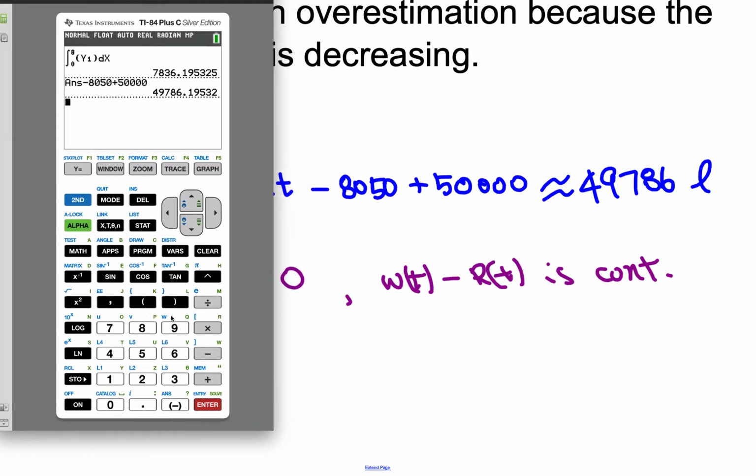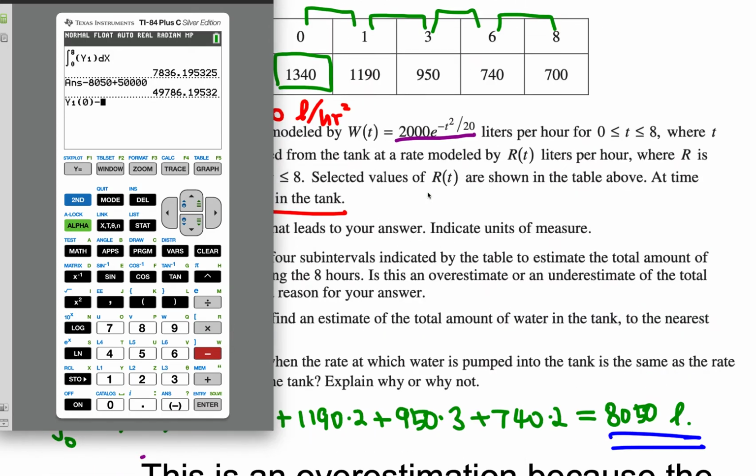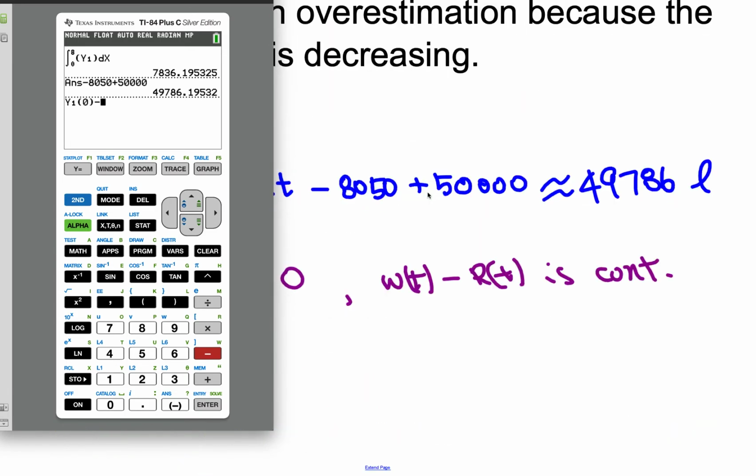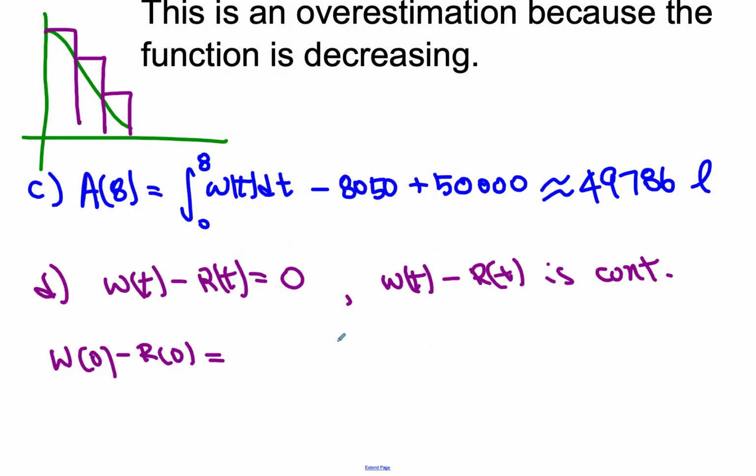So W of 0 minus R of 0, which when it was 0, is 1340. Then we get 660. So initially, this is 660, which is greater than 0.